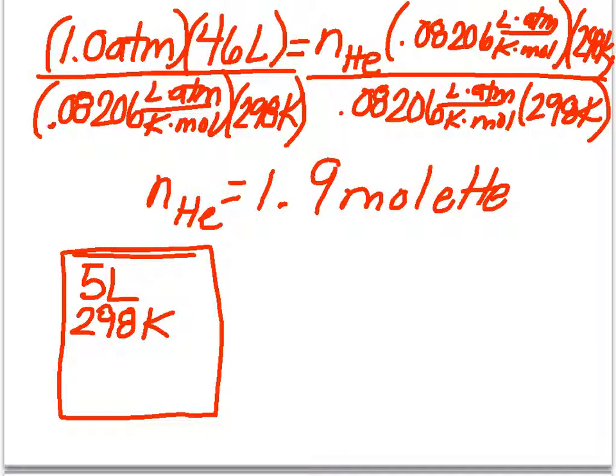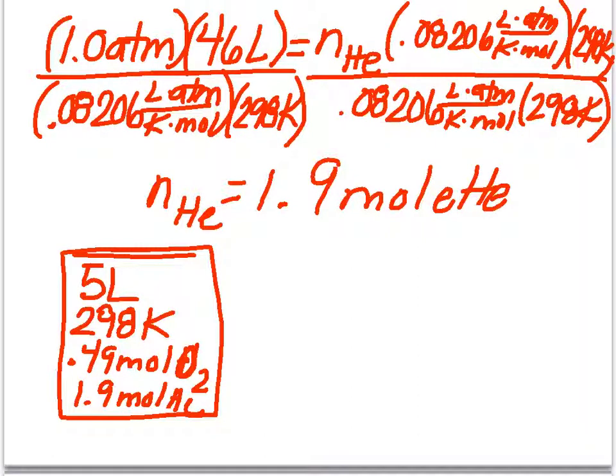And we know that we have 0.49 moles of oxygen and 1.9 moles of helium.